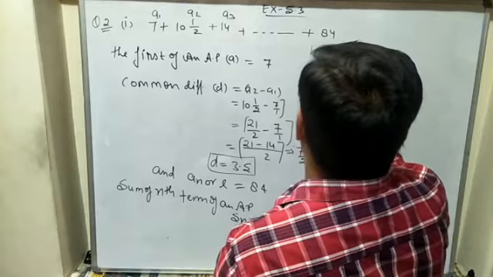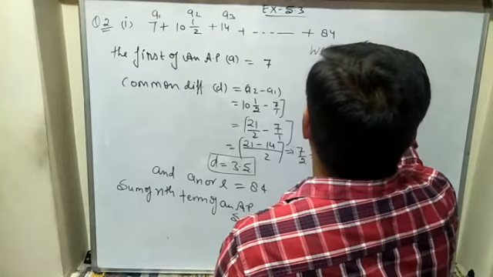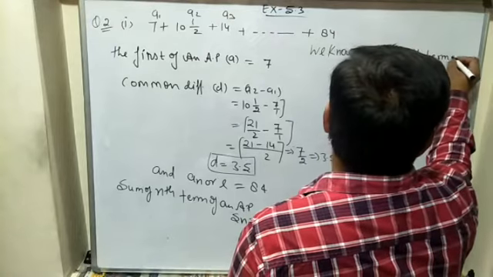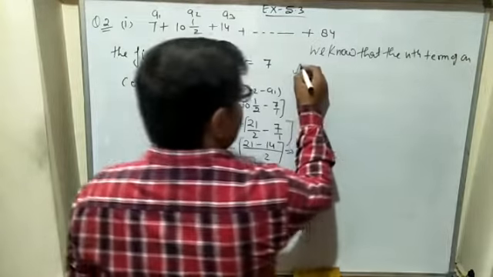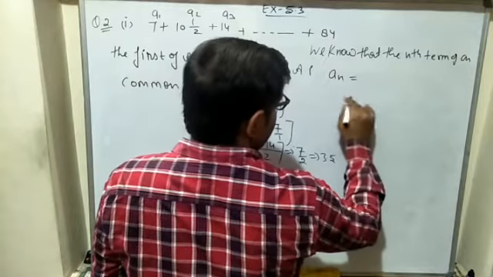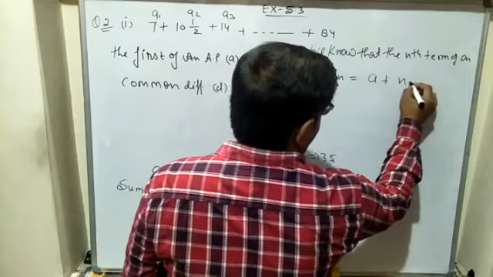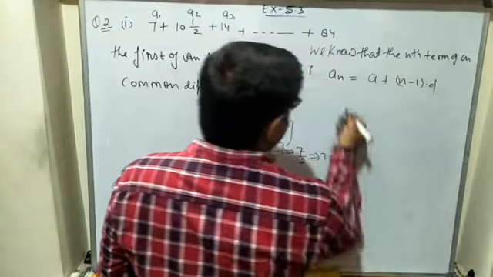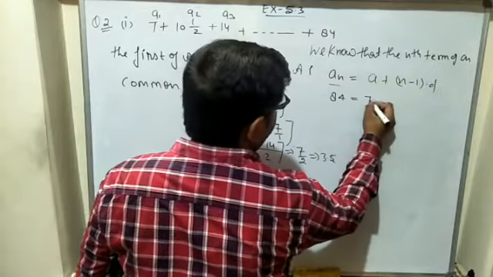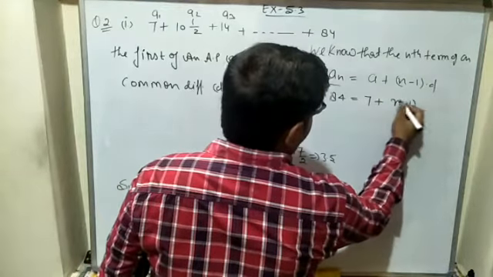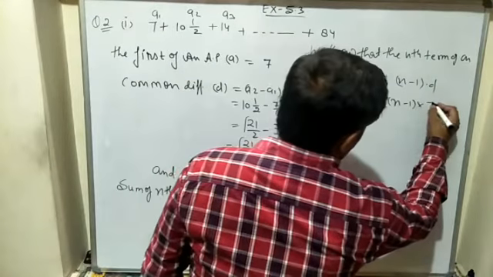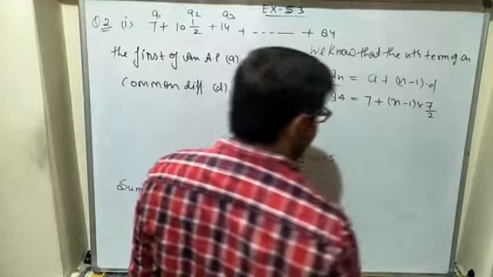We know that the nth term of an AP, denoted by an, is a plus (n minus 1) into d. An is already given as 84, a is given as 7, n we don't have, and the value of d is 3.5, or we can say 7 upon 2.